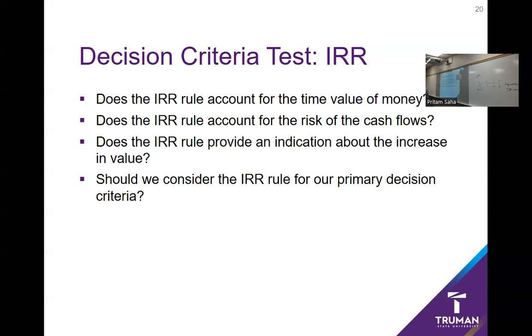Right? 5%. So at 9.7%, NPV is 0, right? 9.7% NPV is 0. But our required return is what? 5%. So that means at 5%, NPV should be positive.